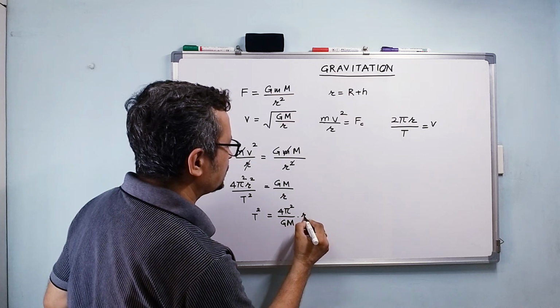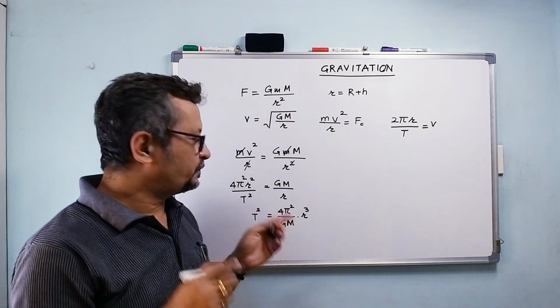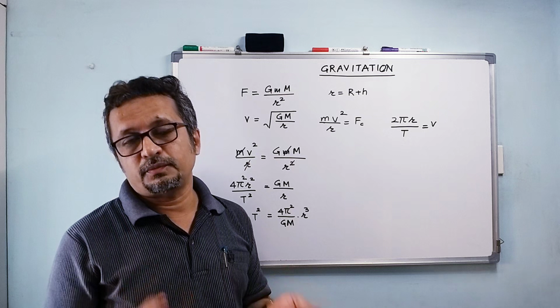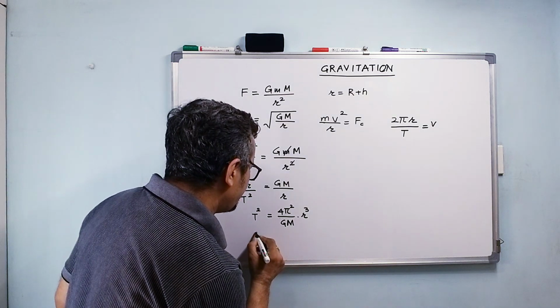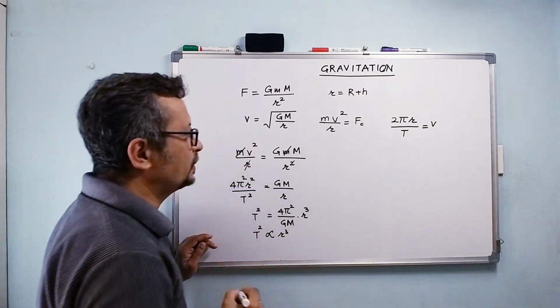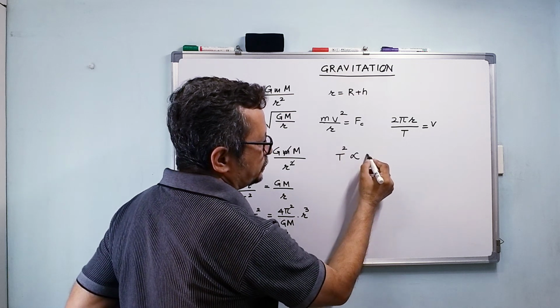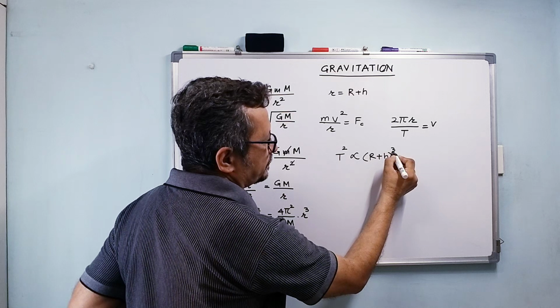into r cube. Now here my 4 pi square is a constant, the universal gravitational constant is obviously a constant, and the mass of earth is again constant. So I can say that t square is proportional to r cube, or t square is proportional to (r plus h) cube.